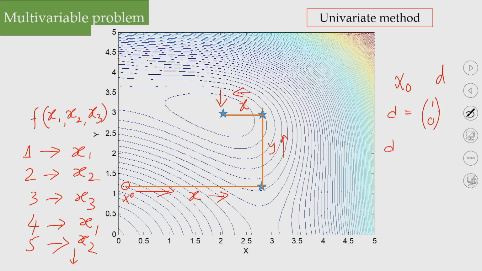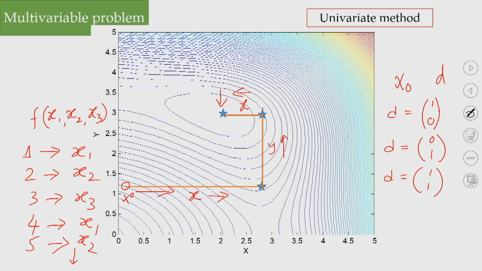If I say the direction is 0 1, that means you are going along the y direction. Then I can also say the direction is 1 1, that means you are going along the 45-degree line.